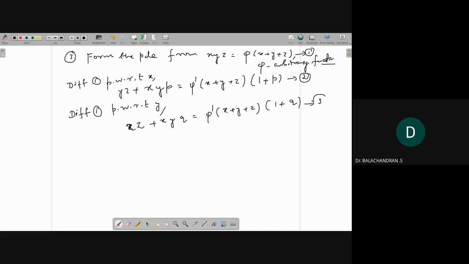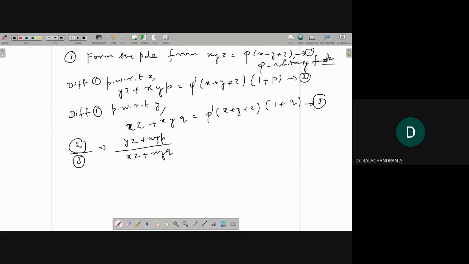This is 3. So now we need to eliminate phi dash. So equation 2 divided by 3. Left hand side is what? yz plus xy p divided by xz plus xyq.